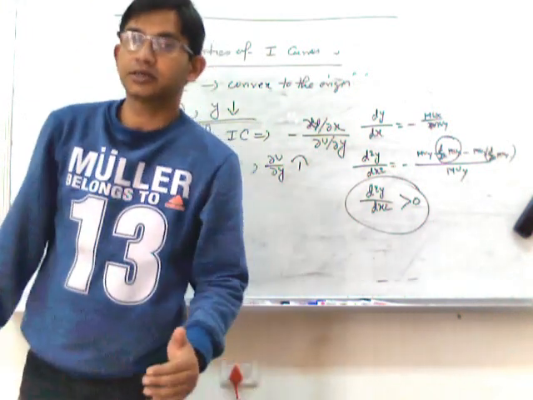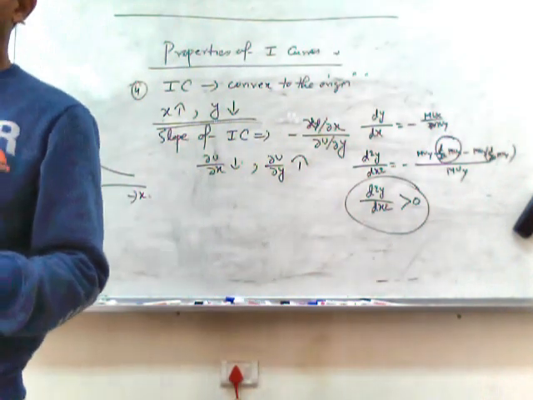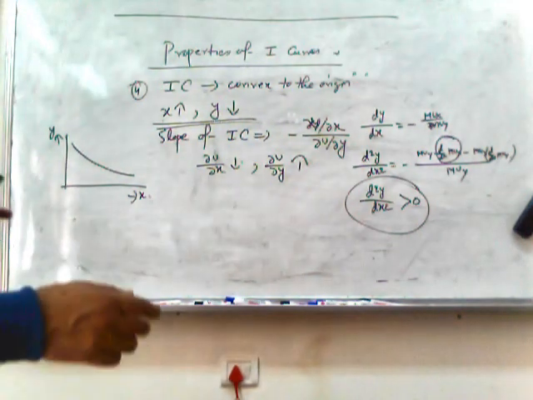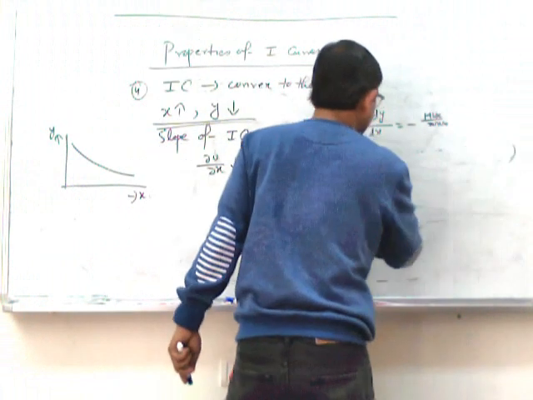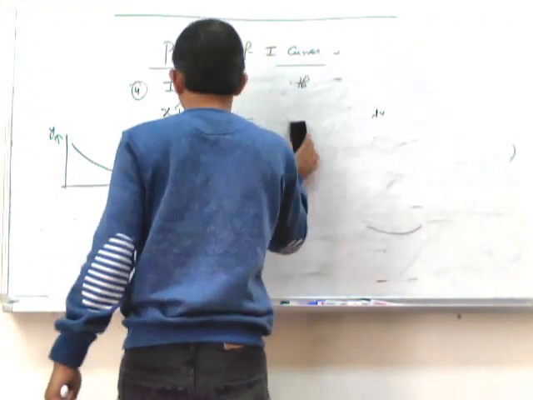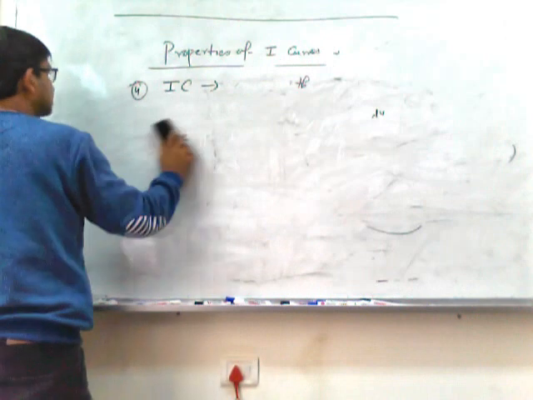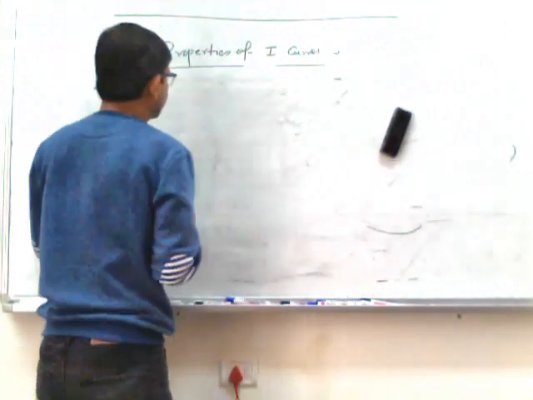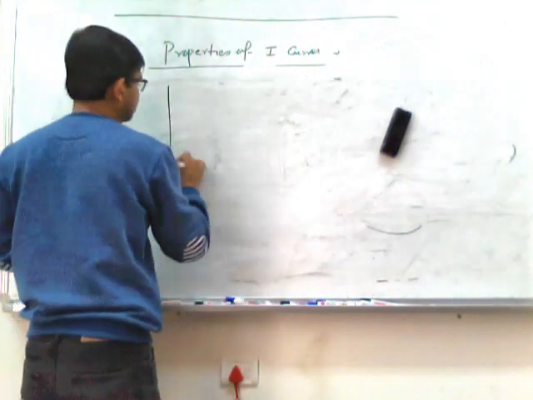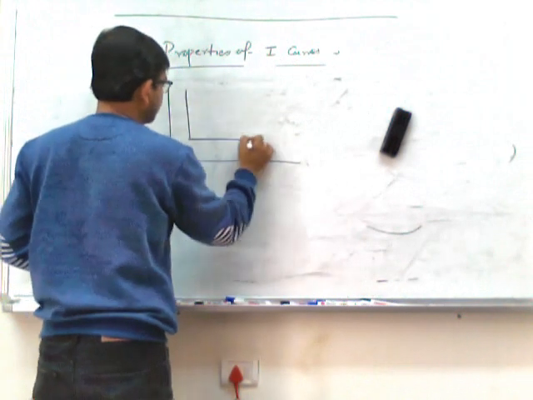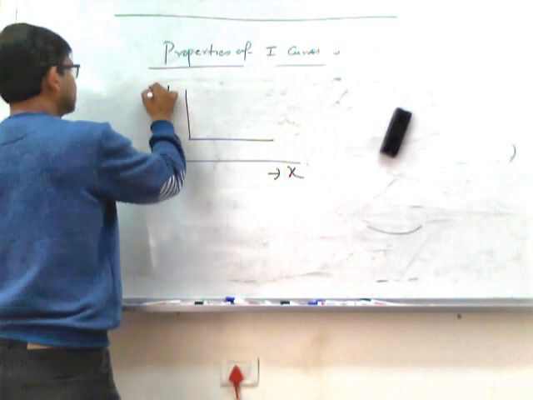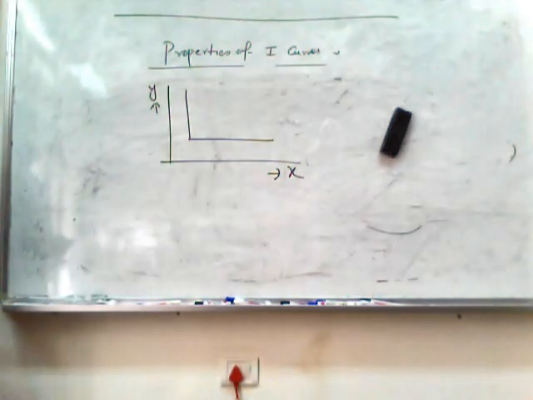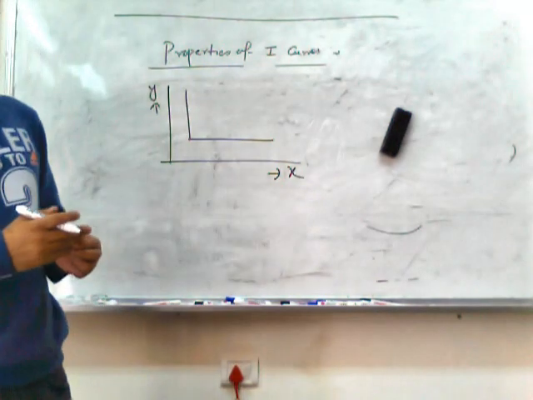But if two commodities are complementary, that means if two commodities are consumed in a fixed proportion, then the indifference curve will be L-shaped. This is X, this is Y. Let us consider one consumer who consumes tea and sugar.